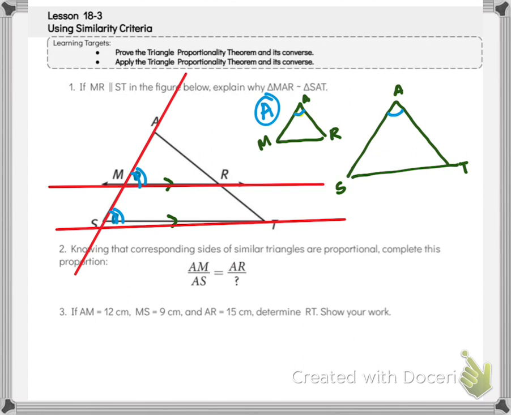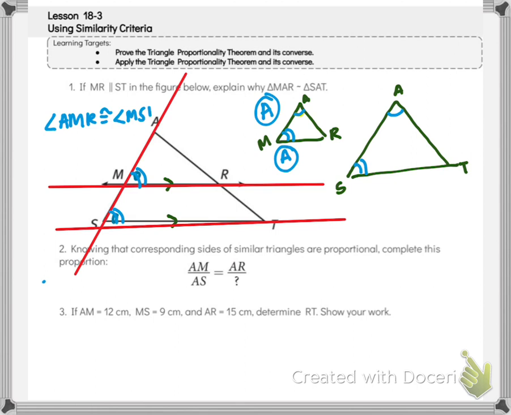Okay. Now, if I transition that to my picture, it would look like that. And that's where you get your second A. So let's go ahead and write that down really quick. So we know that this angle, right there on that M, I'm going to say AMR, is congruent to this angle right here, which is on the S, so AST or MST, whichever one you want to use.